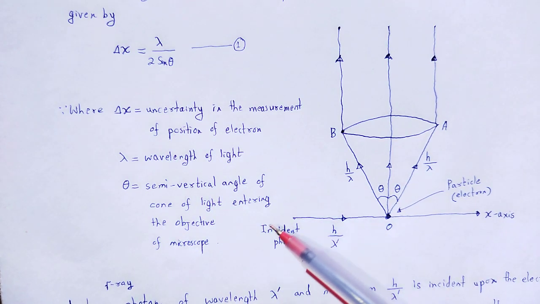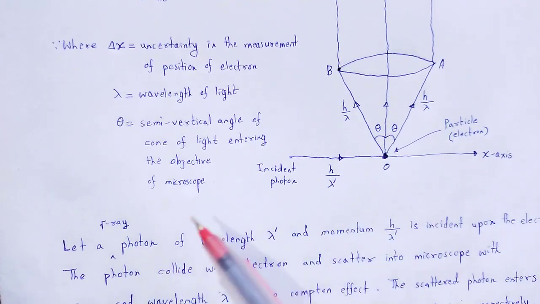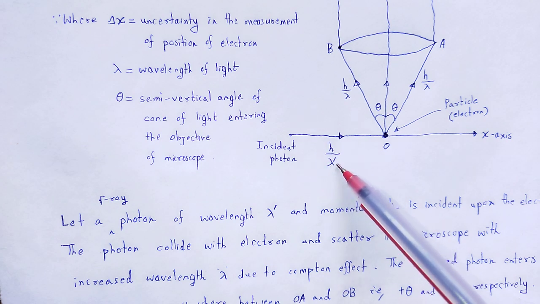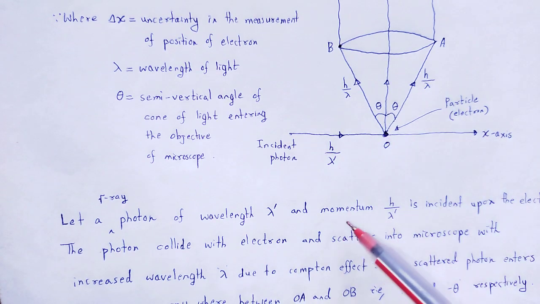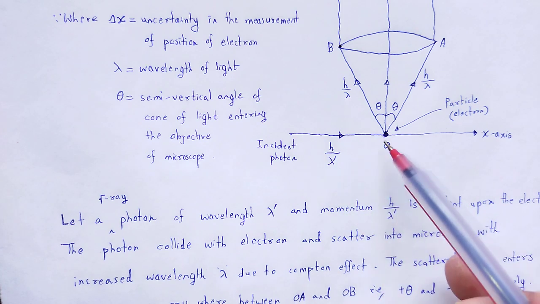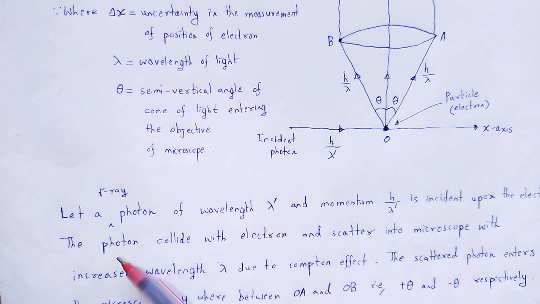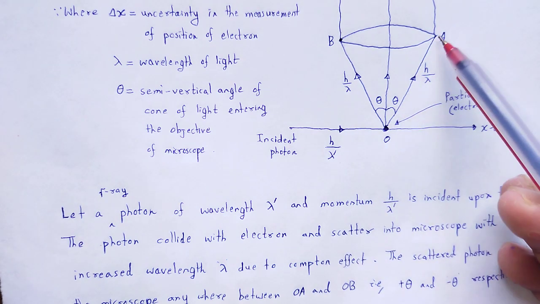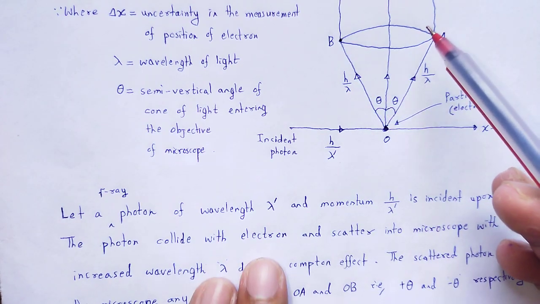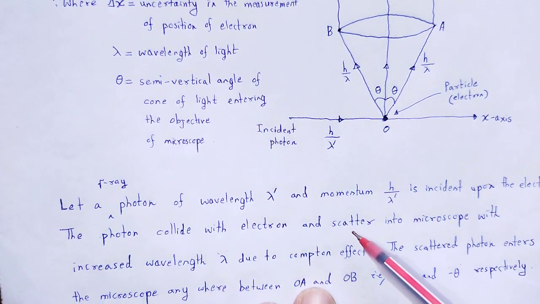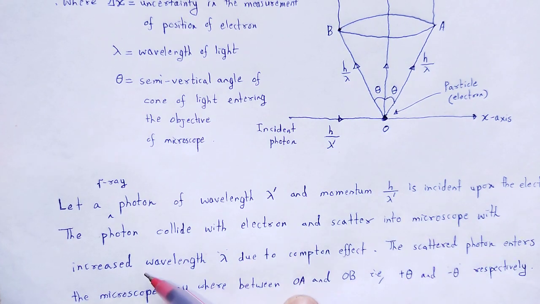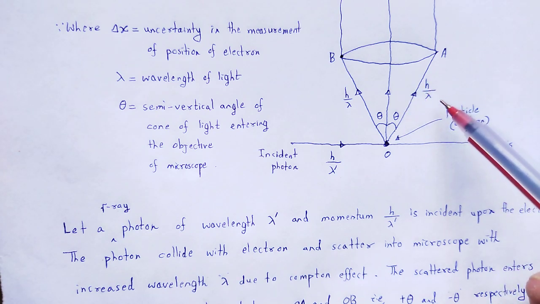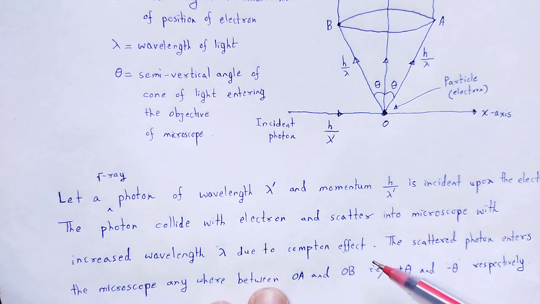Now we have to calculate what will be the uncertainty in momentum. Let a photon of gamma ray of wavelength lambda dash, with momentum h by lambda dash, be incident upon the electron. The photon collides with the electron and scatters into the microscope with an increase in wavelength, as we studied in the case of Compton effect.